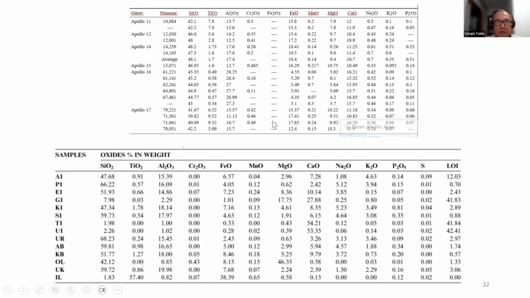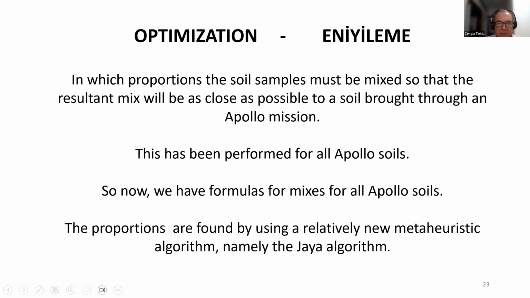What we have done is we have tried to make mixes which are similar to all of them. So to all 18 types of lunar soils, we have tried to make composite, we have tried to find mixes. Of course, this is done by an optimization process.